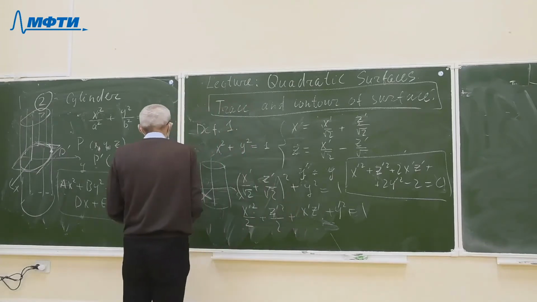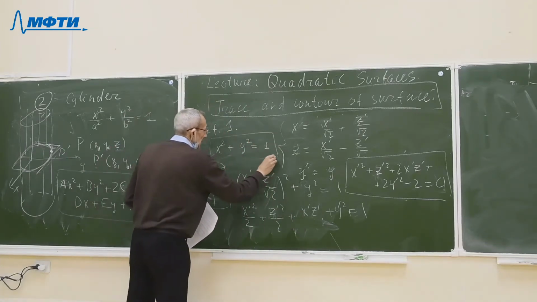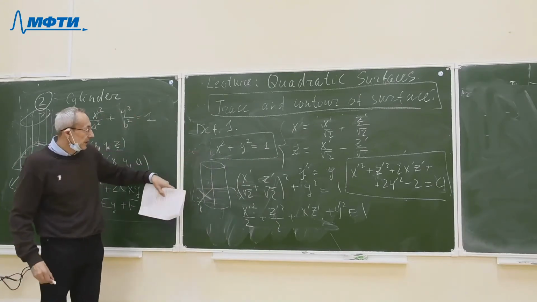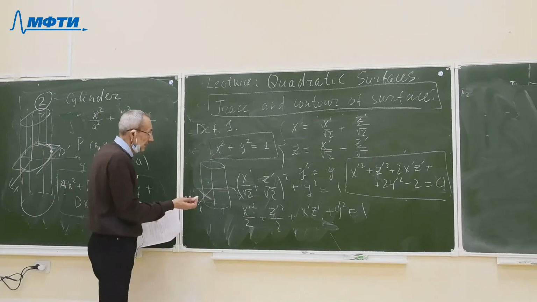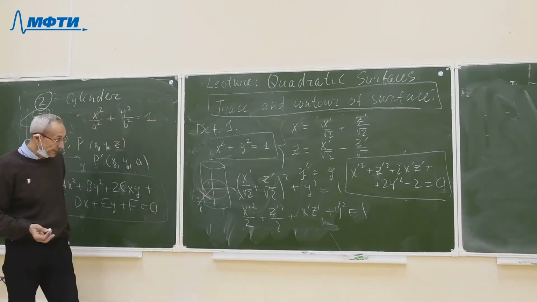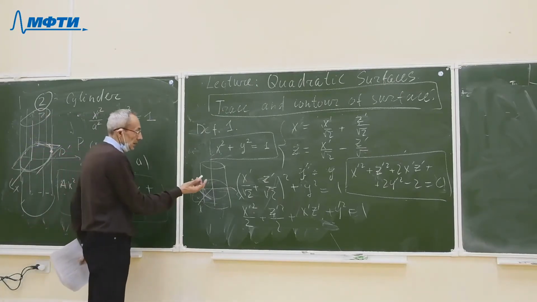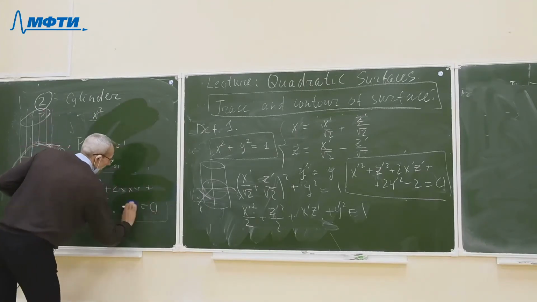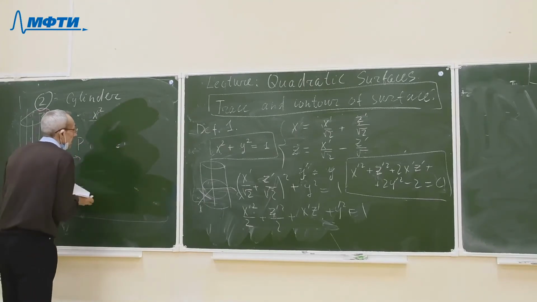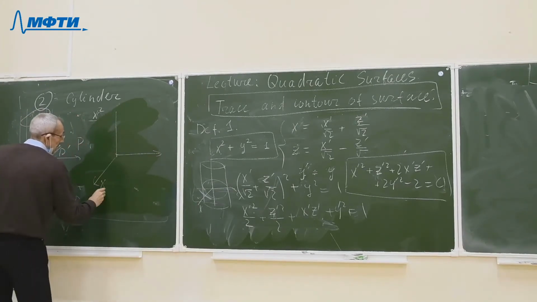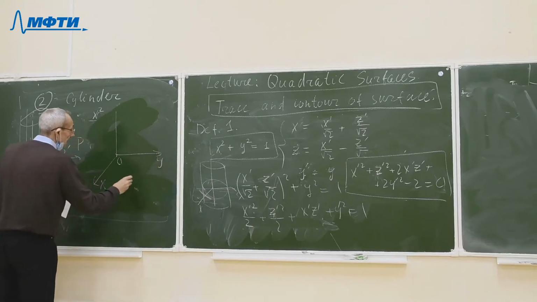Now, we start with such a cylinder surface. What does this cylinder mean? We have a circle, and we have the cylinder which has the following form. We have some coordinate system, and in the plane x, y, we obtain the circle.